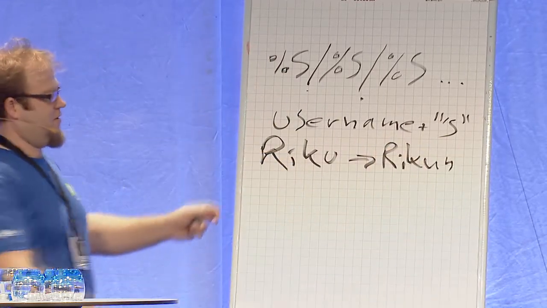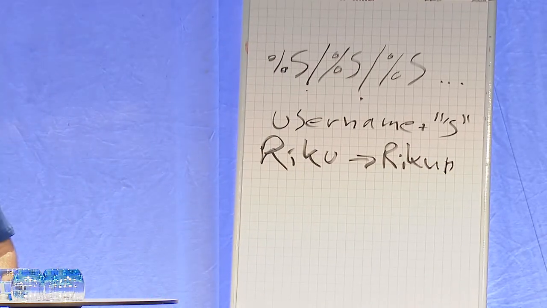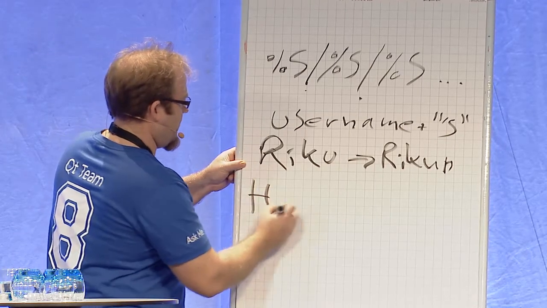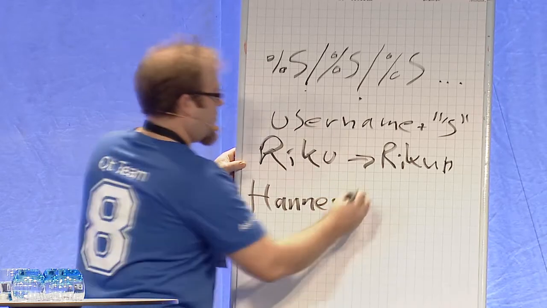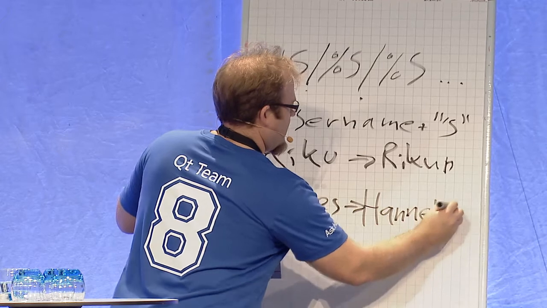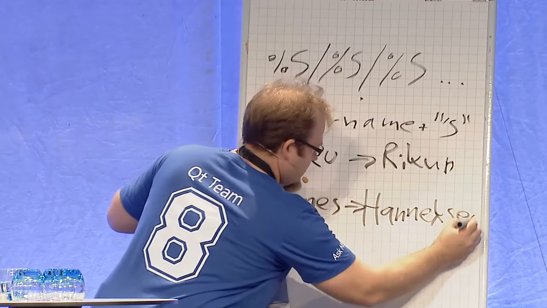Okay, that's an N. So the genitive form for Riku is Rikun. Okay, works. Then we take my colleague's name, Hannes. Genitive form, Hanneksen. So, an N.